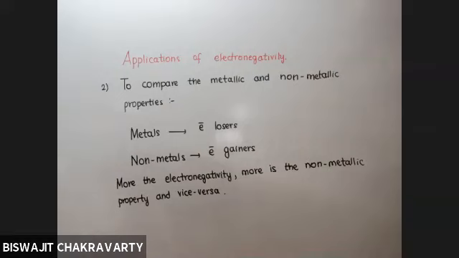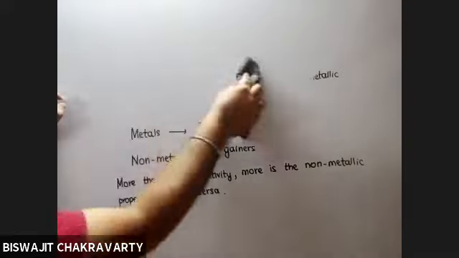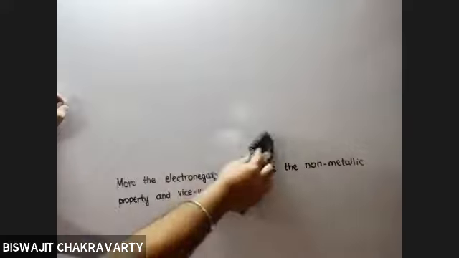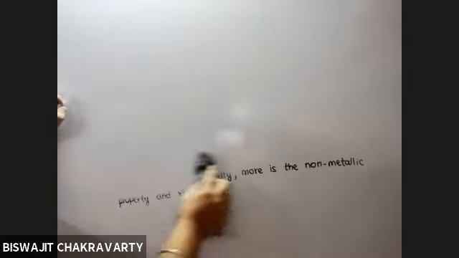It depends upon the difference of electronegativity. The 1.7 value that I gave you is not the value of an individual element. It is the difference. If the difference is 1.7, then okay.